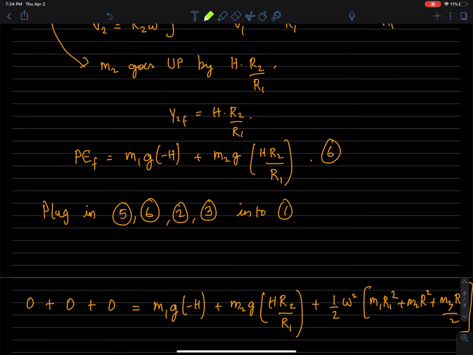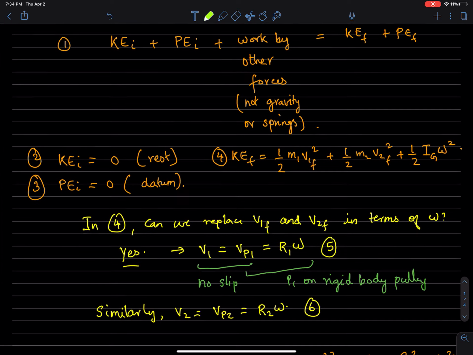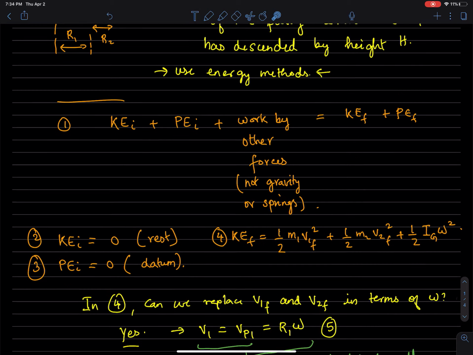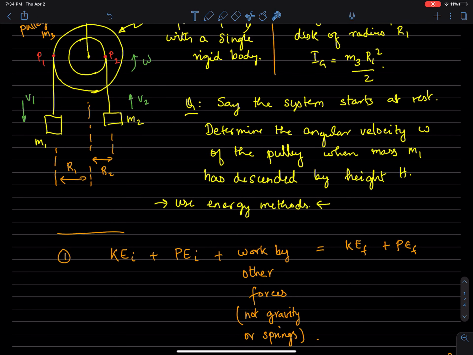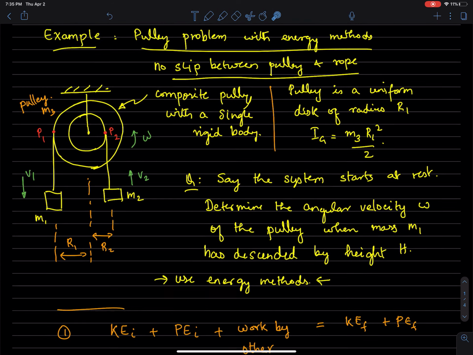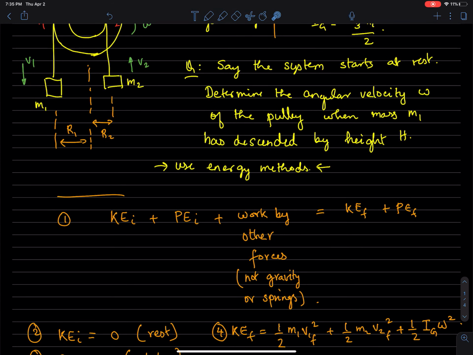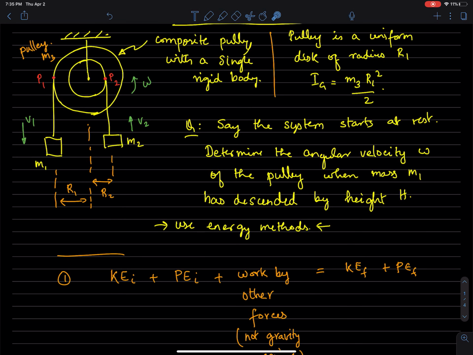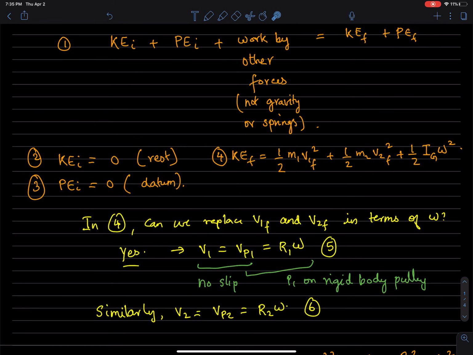So it was, in some sense, a straightforward application of this equation, except we had to use things like no slip to find relationships between angular velocity and linear velocity, so that we had enough equations and unknowns for this one equation to be sufficient to solve for everything. Because of no slip, V2 was R2 omega and V1 was R1 omega, and that helped us simplify KE final.